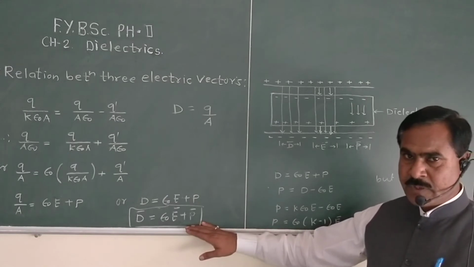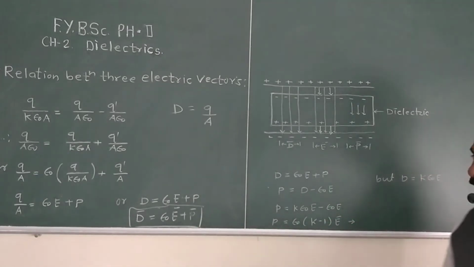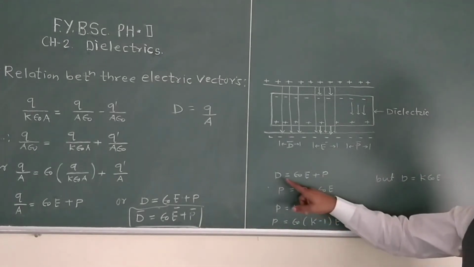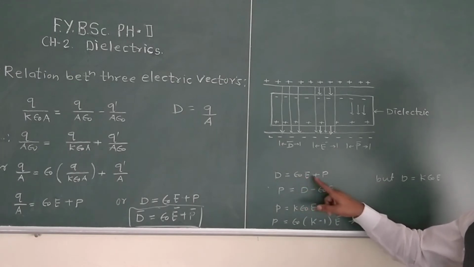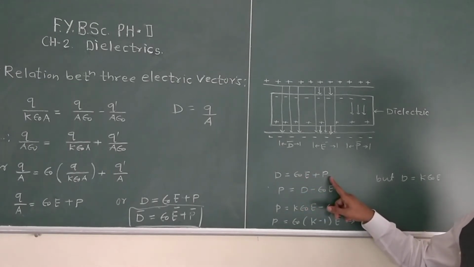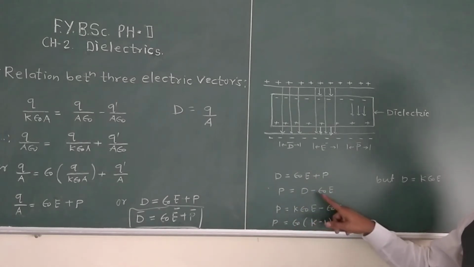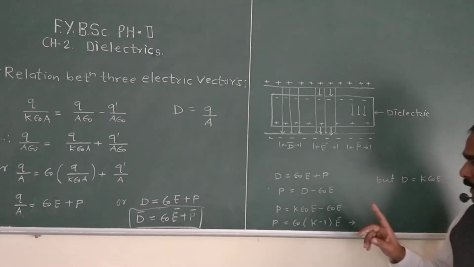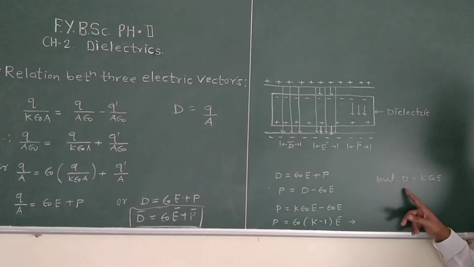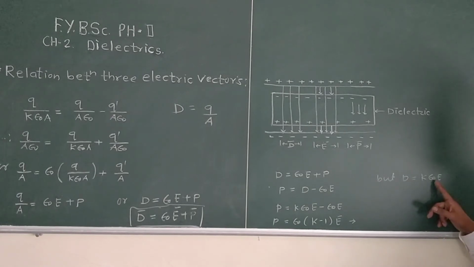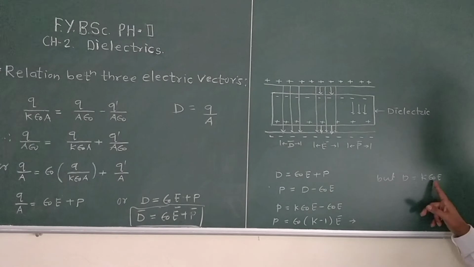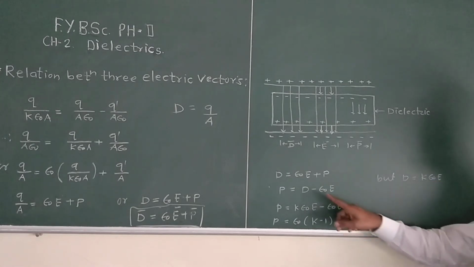Now in the next step we consider again the relation D equal to epsilon E plus P. We write this equation as P equal to D minus epsilon E. Now D equal to K epsilon E, so we substitute the value of D in this equation.